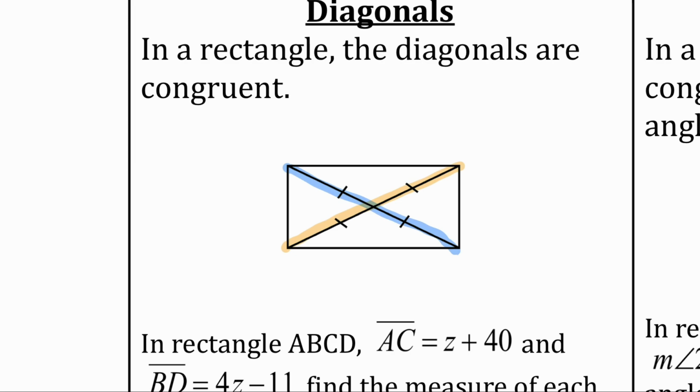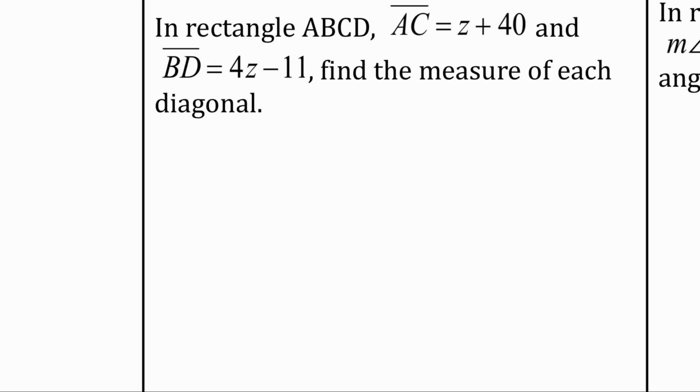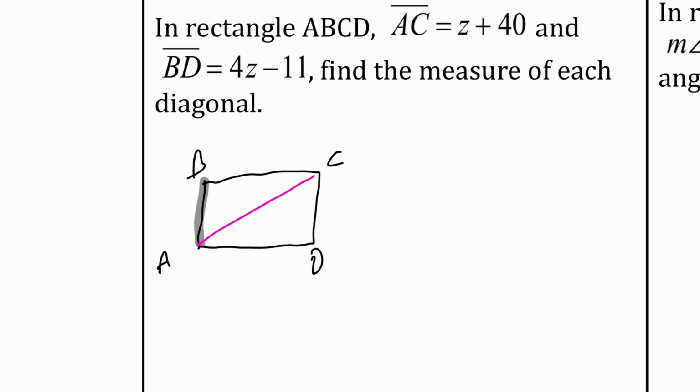in that rectangle. Now, a quick example of this. It says in rectangle ABCD, and we don't have a picture. So that's going to be our first sign to say, okay, let's draw a quick picture of this rectangle. So we have rectangle ABCD, so A, B, C, and D. And they tell us that AC, this diagonal right here, is Z plus 40.